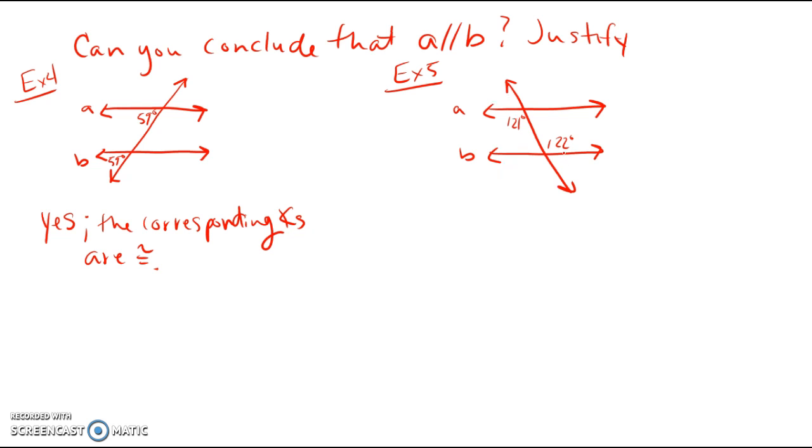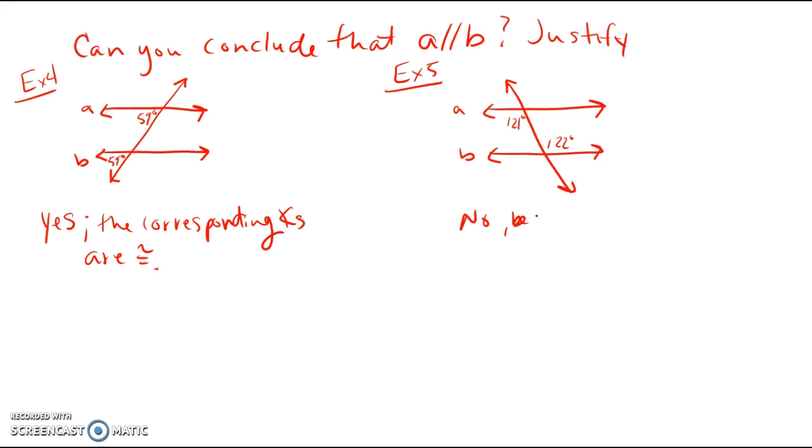And so then we ask ourselves, are they on the same side of the transversal? No, they're on opposite sides and they are inside, so that means these are alternate interior angles. So then the next question, once I recognize what type of angles they are, is I ask myself, would that make these lines parallel? And the answer is going to be no.